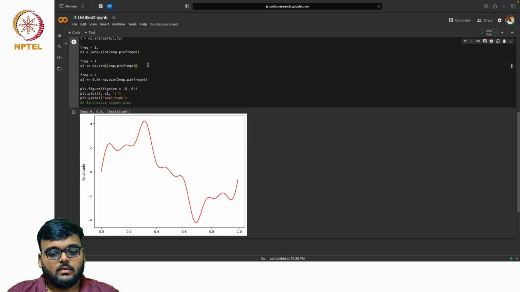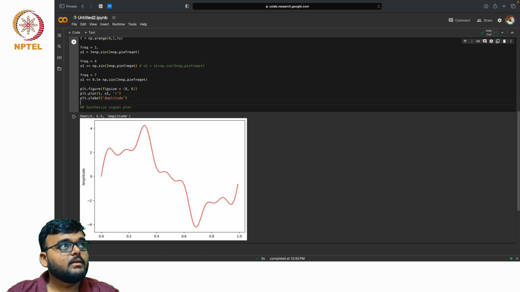This thing means x1 equals x1 plus this quantity here. Okay, so this means this. Now if I want to put a label, so here I am putting a label.